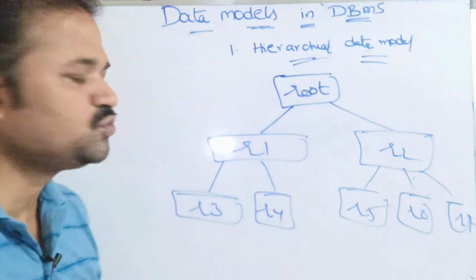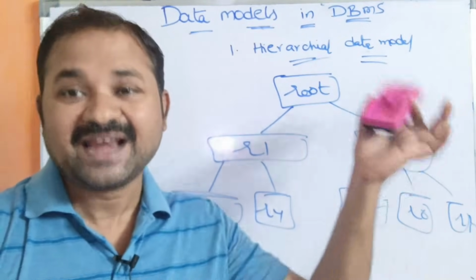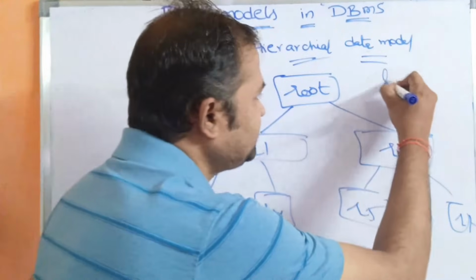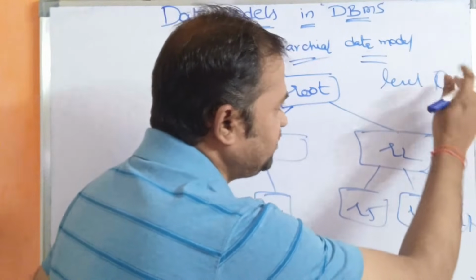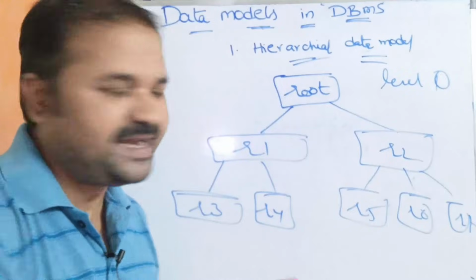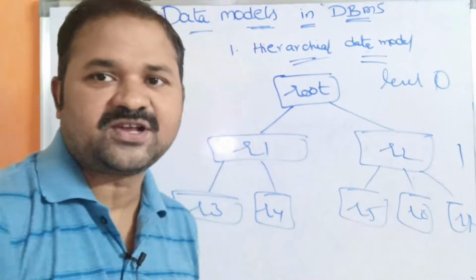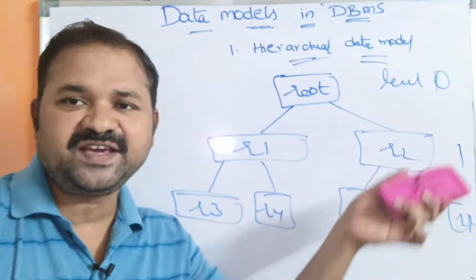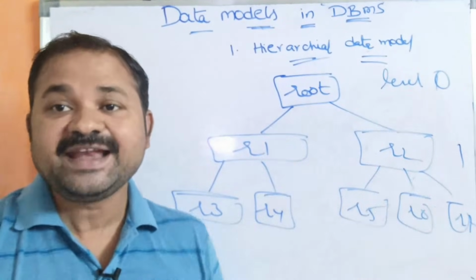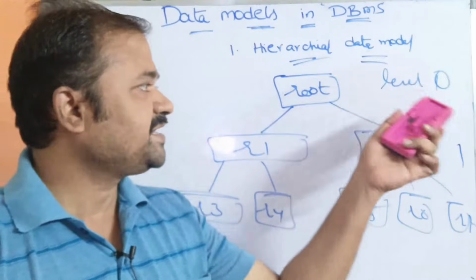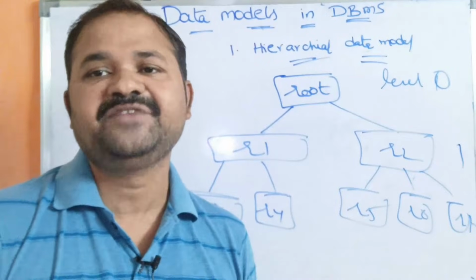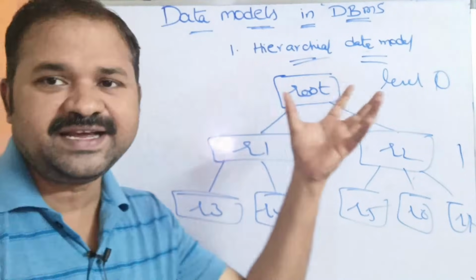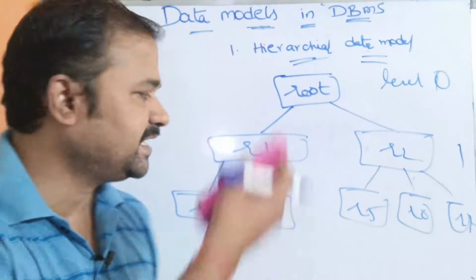If we want to store the information level by level, this is level 0, which is the grandparent level. This is level 1, the parent level. Level 2 is the children level. Likewise we can store information in n number of levels. So hierarchical means tree-structured information. In the olden days, the hierarchical data model was used.